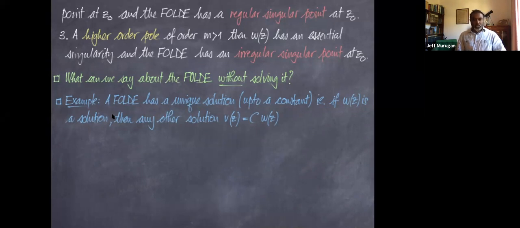Okay. So now suppose, and we're considering the same differential equation, right? dW by dz plus P of Z times W equal to 0. So now suppose that this function P of Z has a singularity at Z equals Z naught. So we've got a singularity at Z naught.